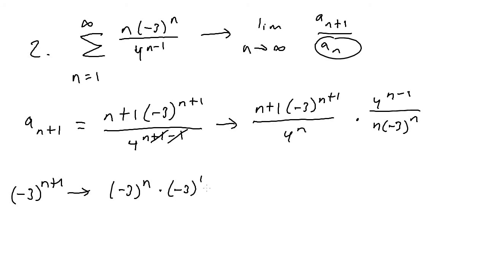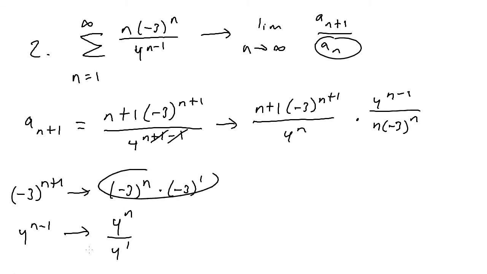Because once again, when we multiply the same base, we add the powers. And then 4 to the n minus 1, since there's a subtraction sign here, these are actually going to be divided. So we get 4 to the n over 4 to the first, or just 4. When we divide the same base, we subtract the powers.